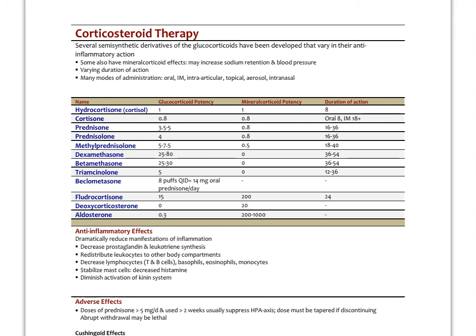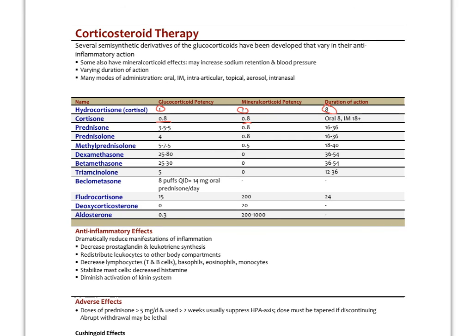So hydrocortisone, this is again same as cortisol. We define that as having a glucocorticoid potency of 1 and a mineralocorticoid potency of 1. Has a duration of action of 8 hours. Cortisone, again, less active as a glucocorticoid and mineralocorticoid. But in some tissues like the skin, it can be activated back into cortisol.